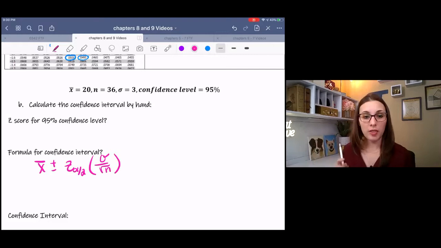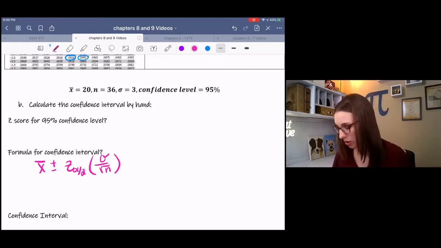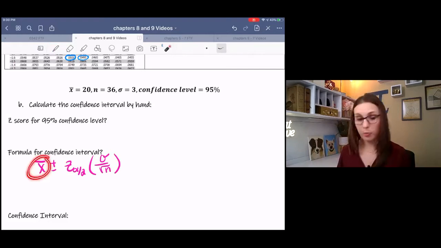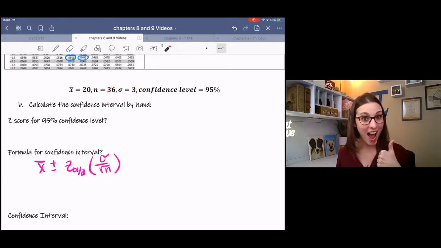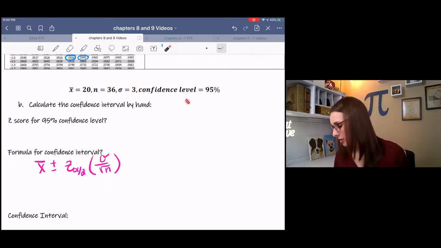So in order to find the confidence interval, what we need to know is the sample mean, the z-score associated with the confidence level, the population standard deviation, and the sample size. What we're given is the sample mean, the sample size, population standard deviation, and confidence level.